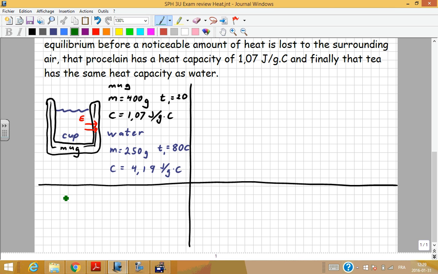So what we have is that the energy lost by the water has to equal the energy gained by the cup. On the left here we have water.